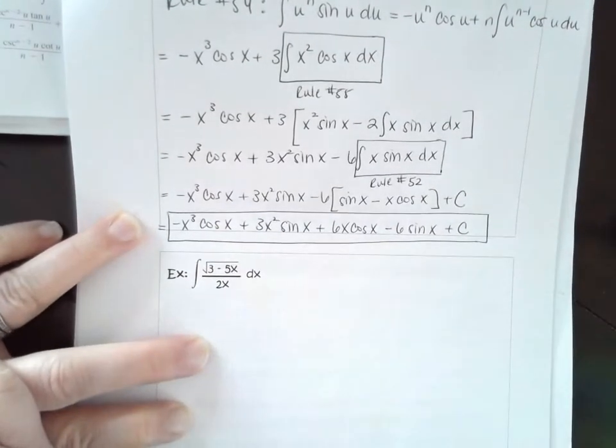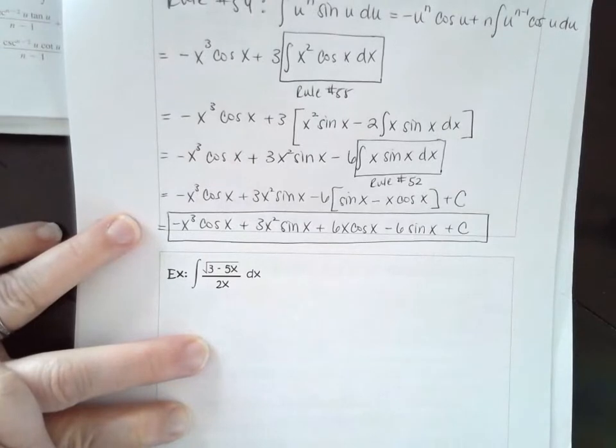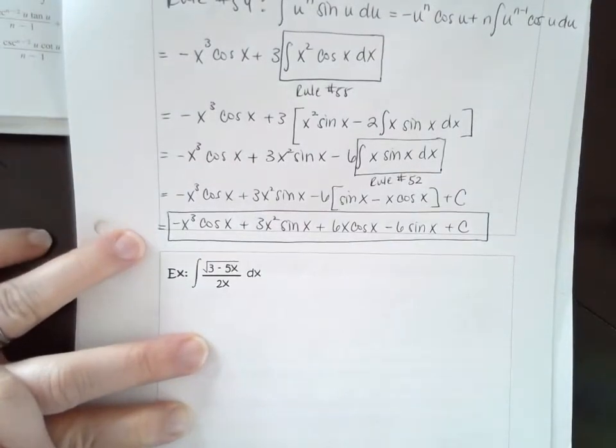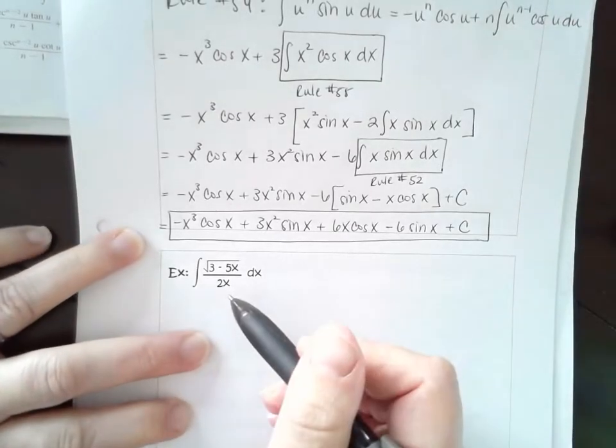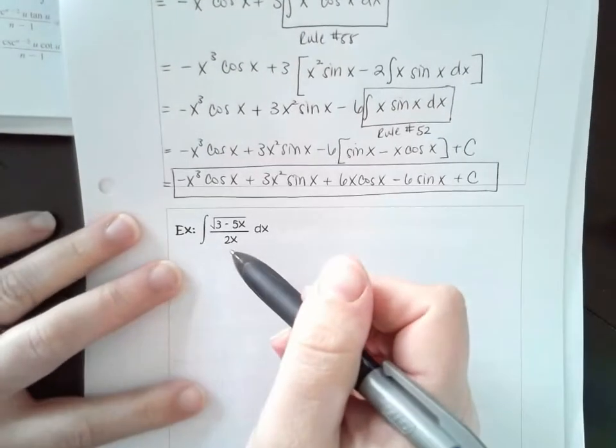Okay, so several rules applied, and that's something to be mindful of. You might not be able to solve the problem in one step, but is your step leading you closer to something that is solvable?